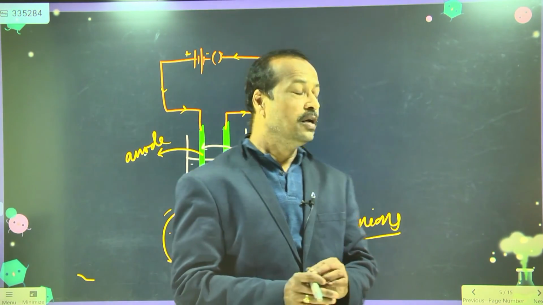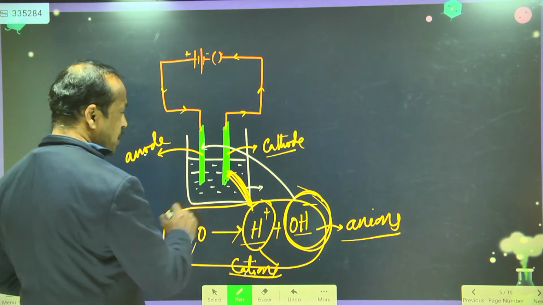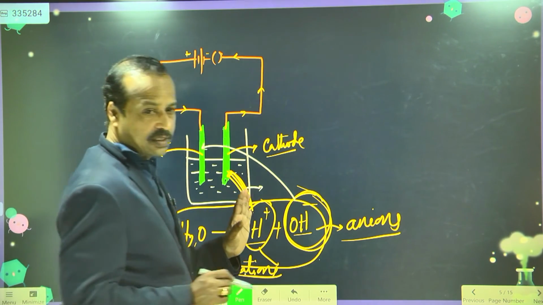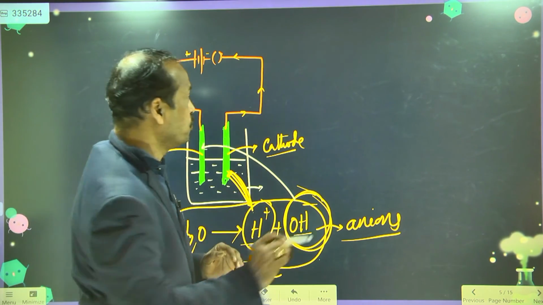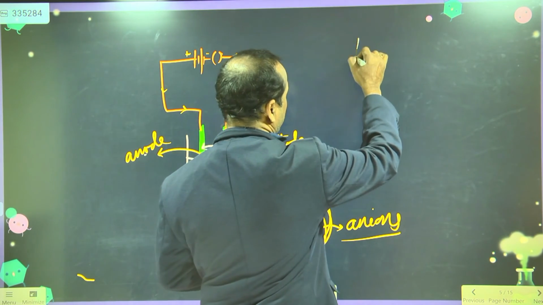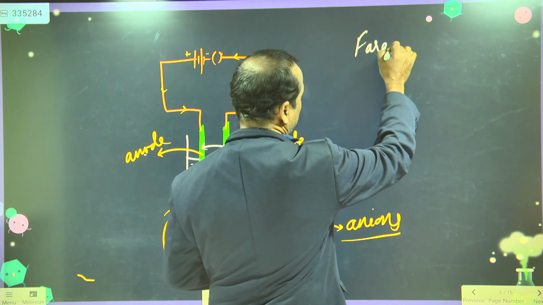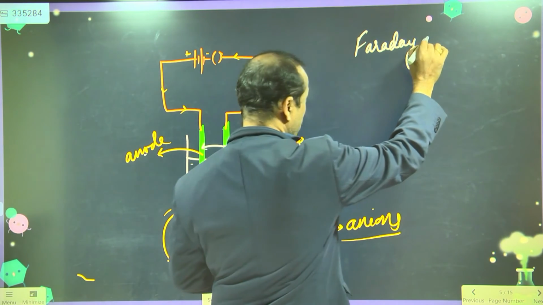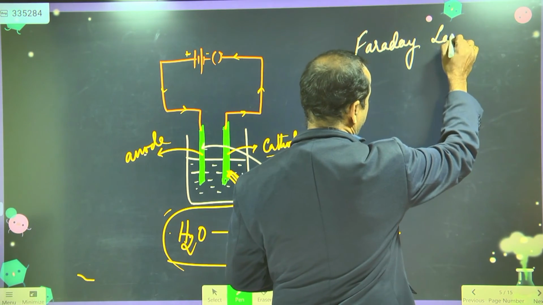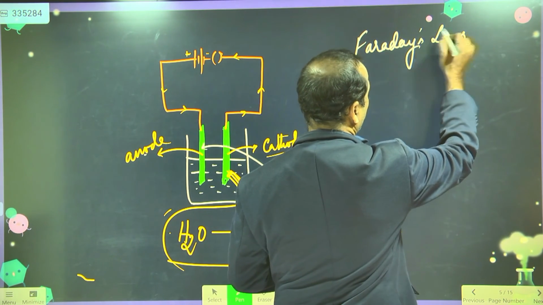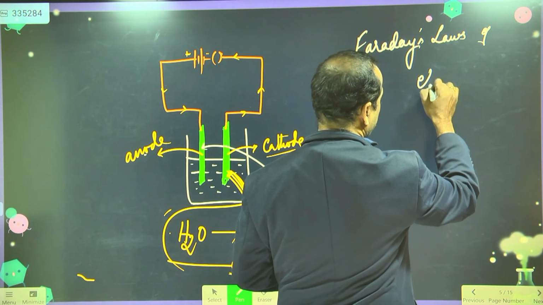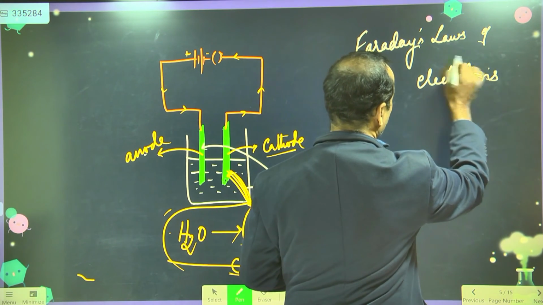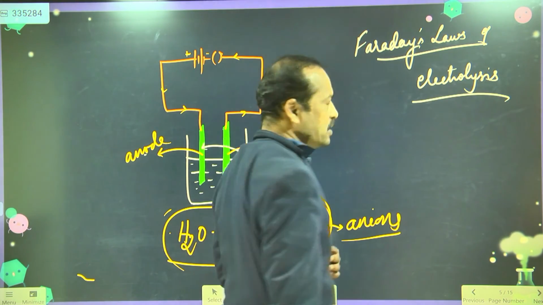So this was an experiment, and based on this type of experiments, Faraday proposed two laws. Michael Faraday proposed two laws, called Faraday's laws of electrolysis.